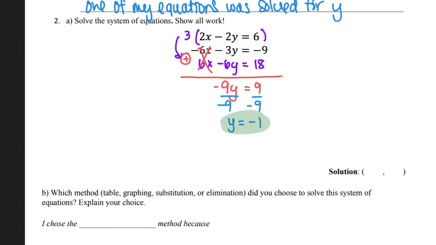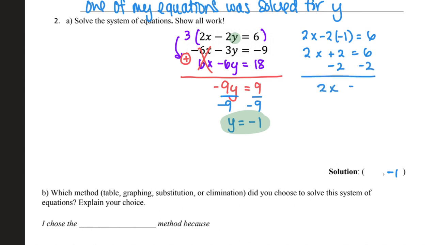So now that we have that, I'm going to plug it back in to one of my equations. It looks like maybe the first one might be easier, so I'm going to plug it back into the first equation. So I have 2x minus 2 times negative 1 is equal to 6. So 2x, negative 2 times negative 1 is positive 2. Subtract 2.